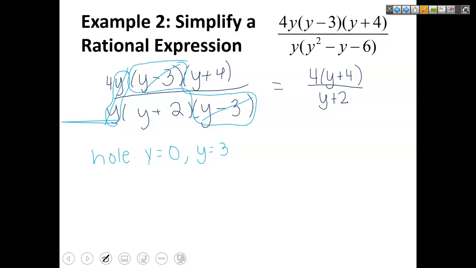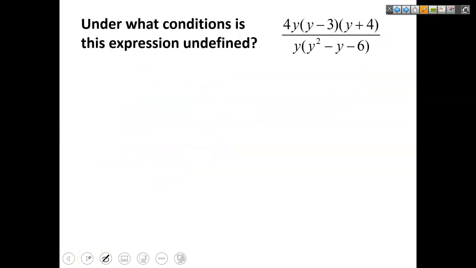The denominator creates your vertical asymptotes. So I have a vertical asymptote at y equals -2. Therefore, under what conditions is this expression undefined?